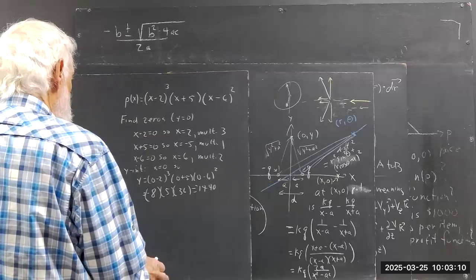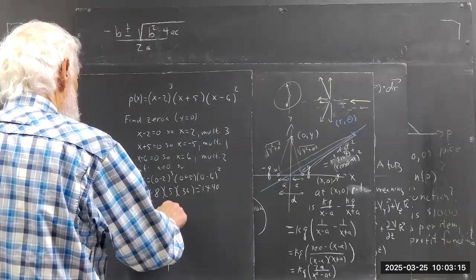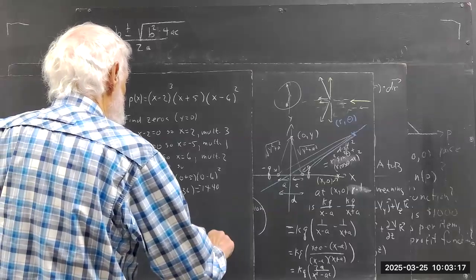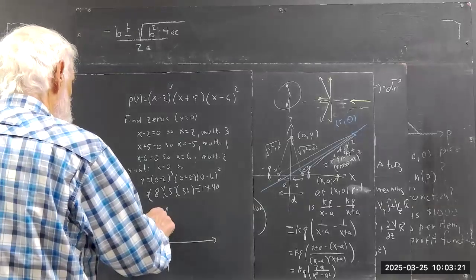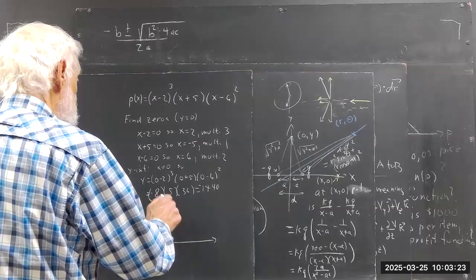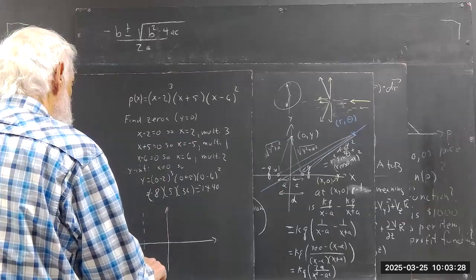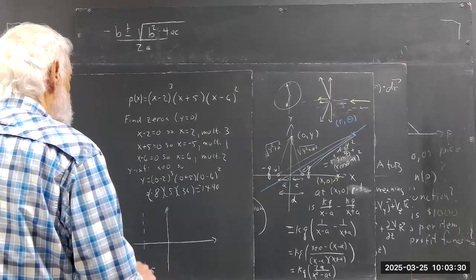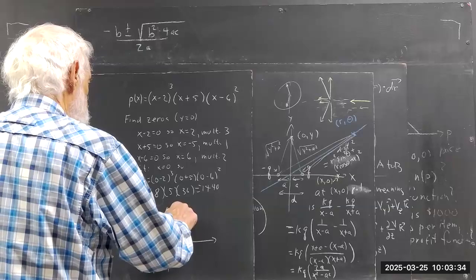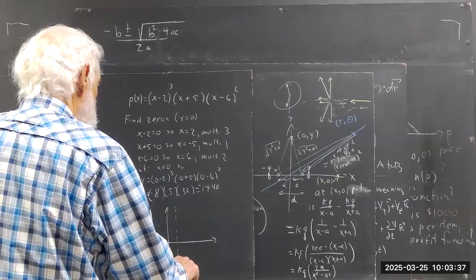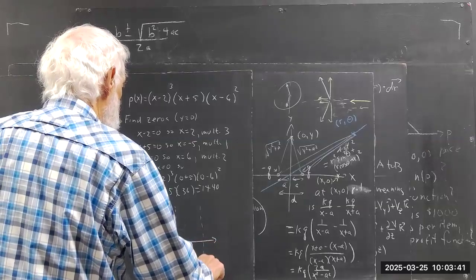Well, that gives us enough information to start the graph. We're going to have a 0 at x equals -5, and at x equals 2, and at x equals 6.